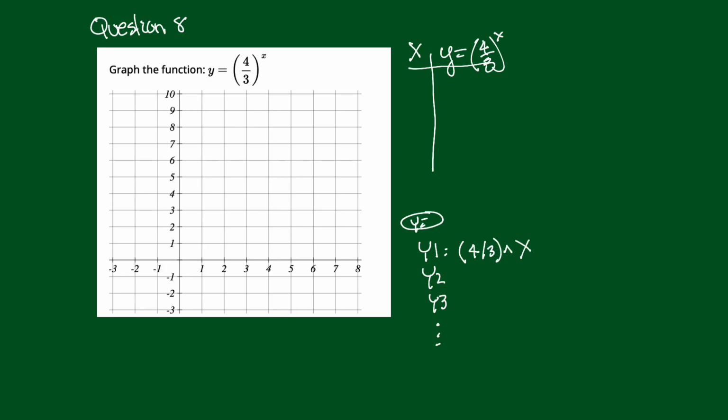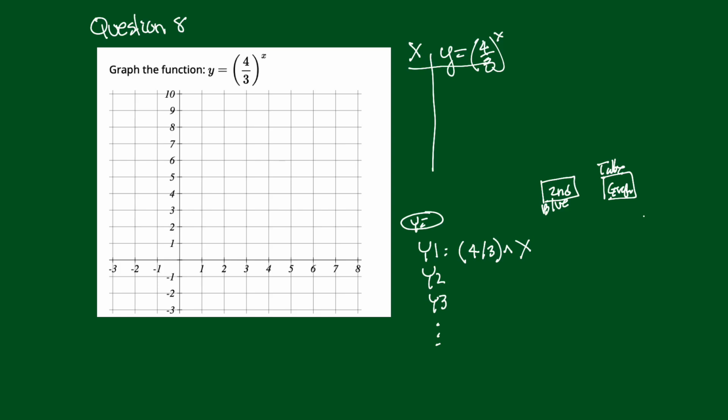Now, to evaluate that function, at the top right, you're going to press the second key, the key in blue, and then press the graph key. Right above graph is table, so this creates a table for you.